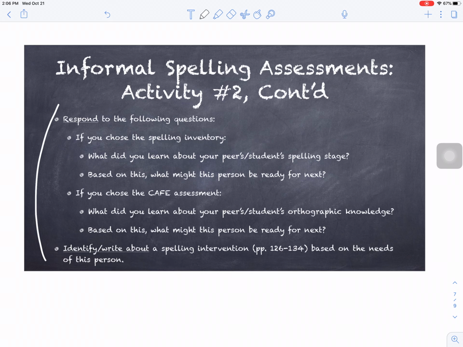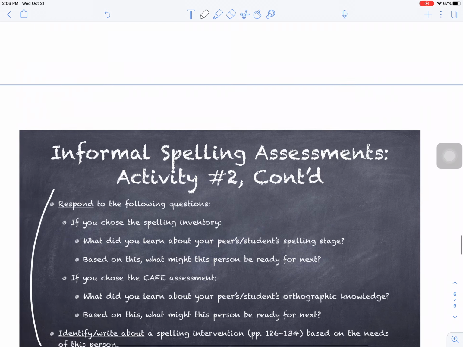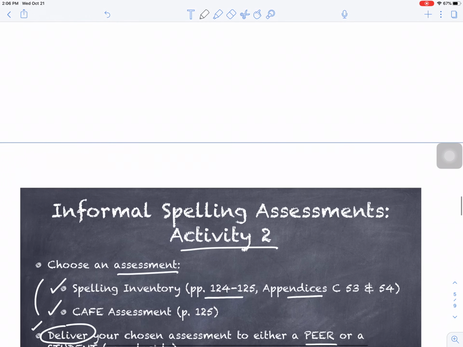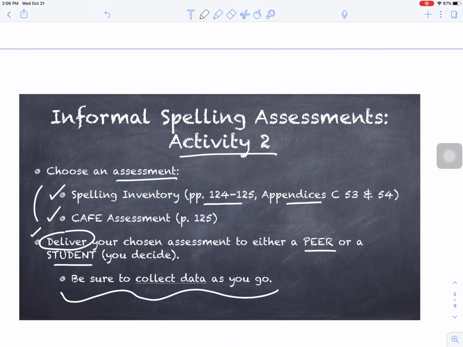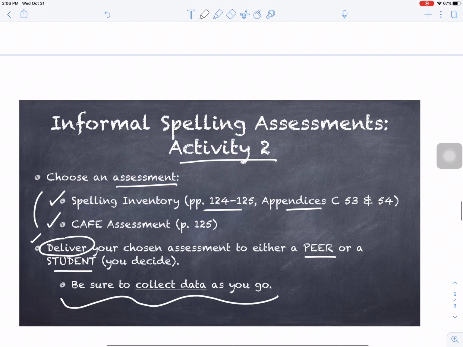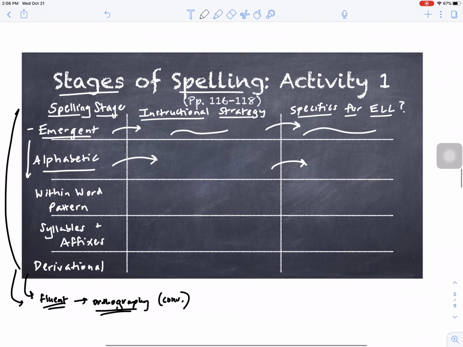So if you chose the spelling inventory, what did you learn about your peers' or your students' spelling stage? Based on their responses to the spelling inventory, and if you are working with peers, you might encourage them to make some mistakes as they go. If you did the spelling inventory, what stage of spelling was your student or your peer in?